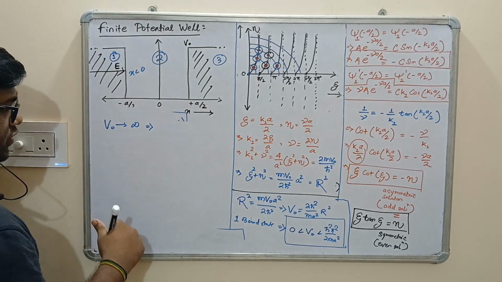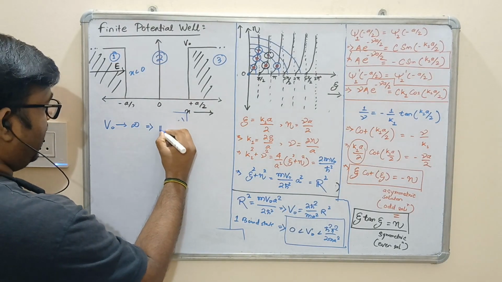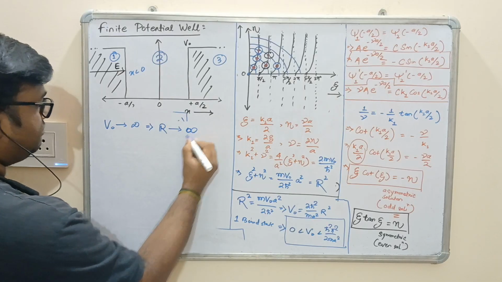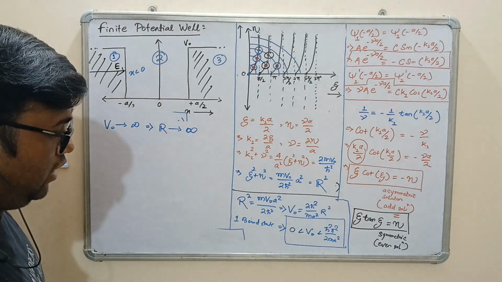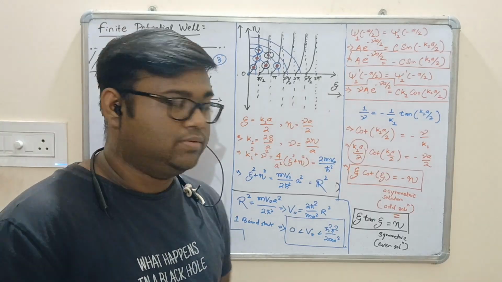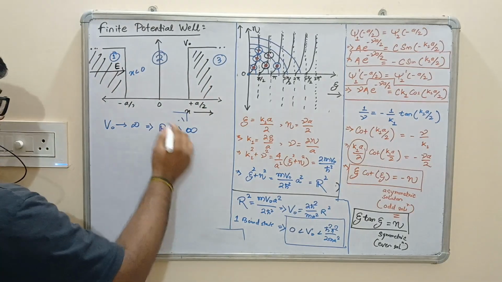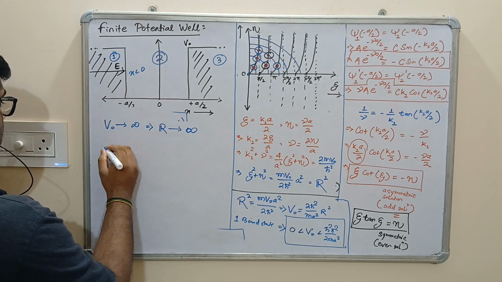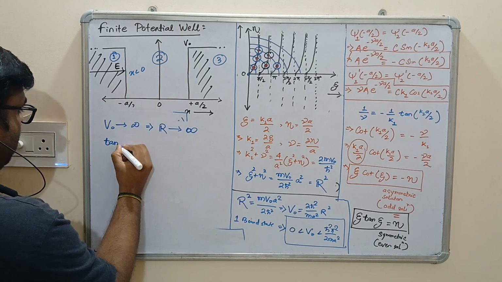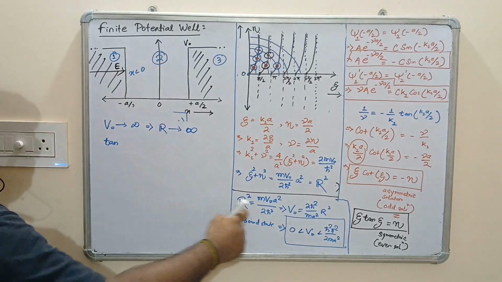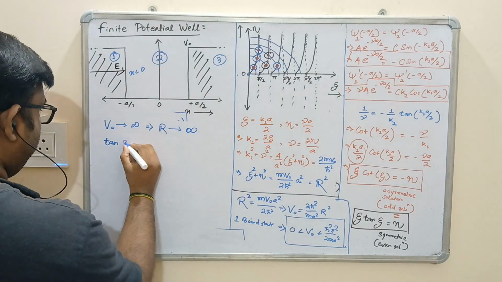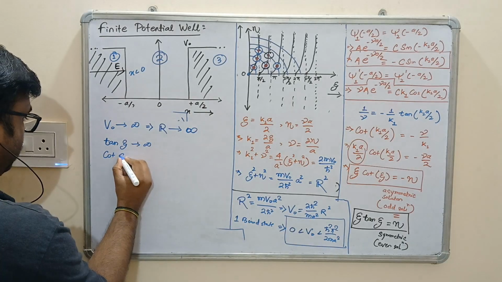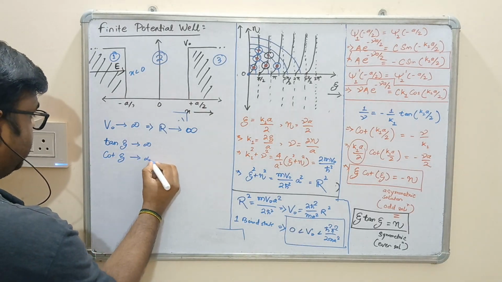For V naught tending to infinity, it means that R will also go to infinity. Now these two conditions will be satisfied when tan eta tends to infinity and cot eta tends to infinity.